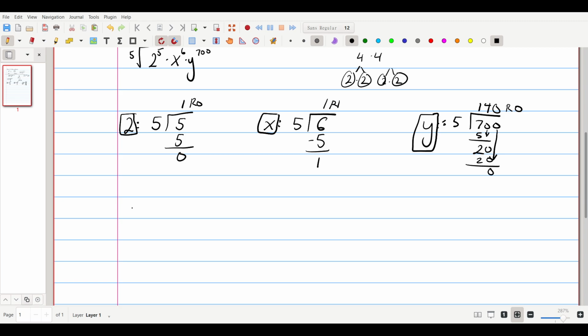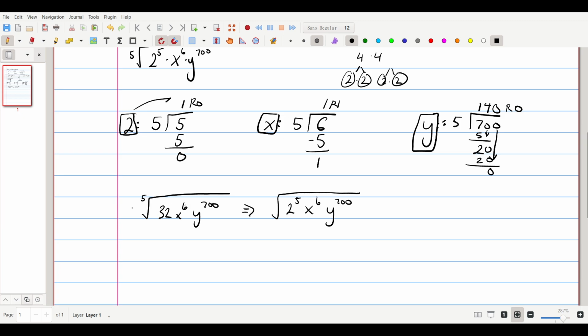Cool. So now how do we evaluate this original expression we started with? So we started with this. We wrote it as, after we did the prime factorization, and now using this, these values here tell us how many of each number or variable get on the outside of the radical and how many have to stay in.